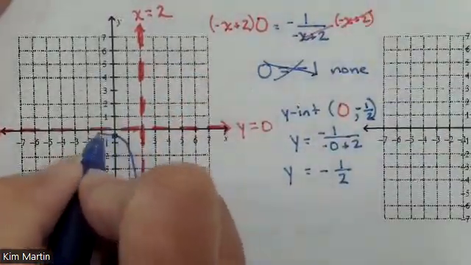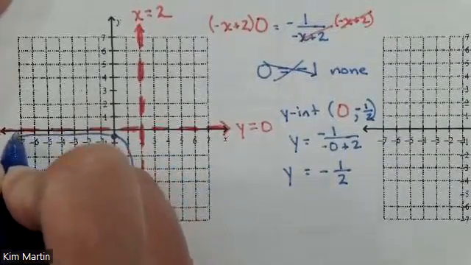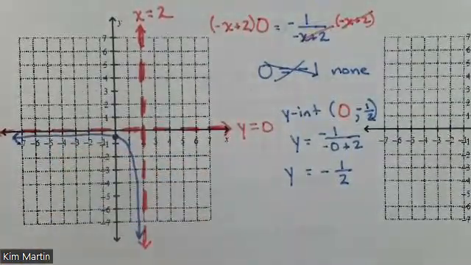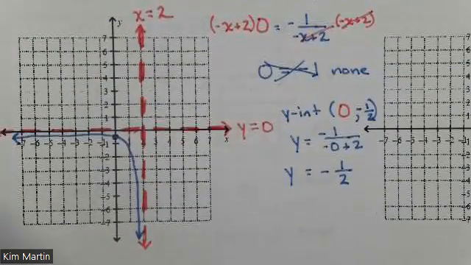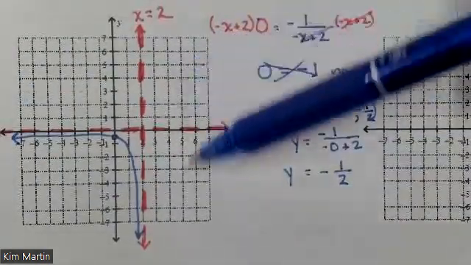It's also going to approach this horizontal one, but not cross it. I know that just from that one little point. We still have another part to this graph, the left-hand side of that vertical asymptote. We need something over here on the right-hand side. But is it going to go here or here?